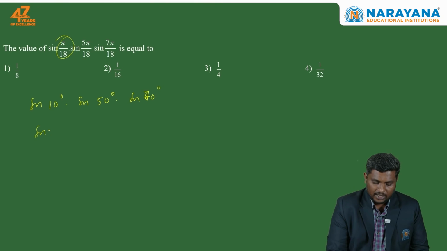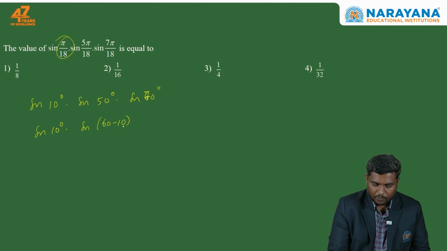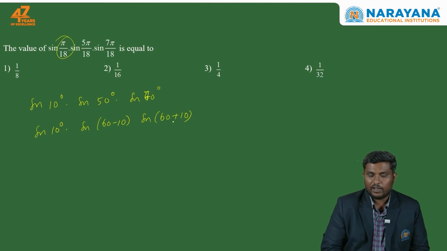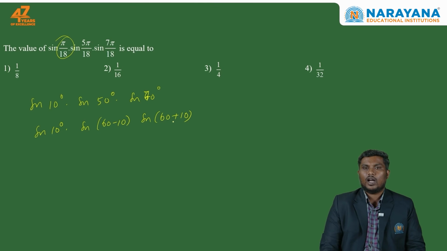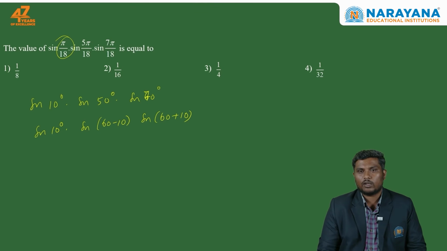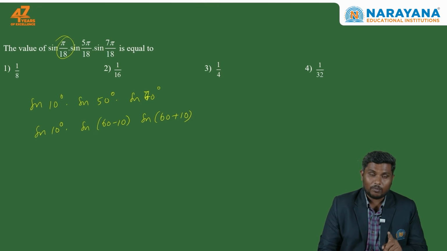So guys, this is sine 10, sine 60 minus 10, sine 60 plus 10. Once again, a very famous formula which we ask every student to remember. This will give you an easy, quick, 30-second answer. You could easily do it if you remember the formula.